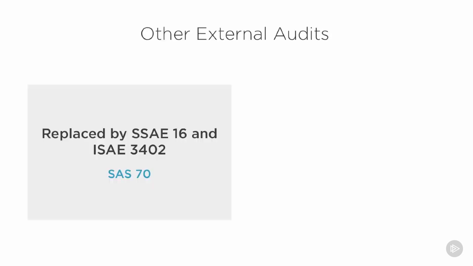There are other types of audits that can be provided for us as well. We, of course, saw then a report called the ISAE 3402. It is the other alternative then to the SSAE 16. Both of these reports were then the replacement for what was originally known as the SAS 70 report.